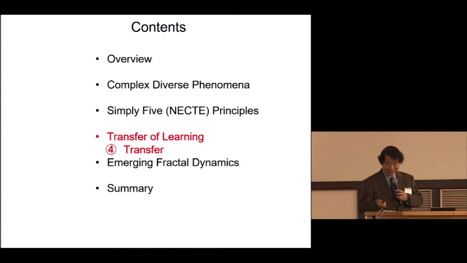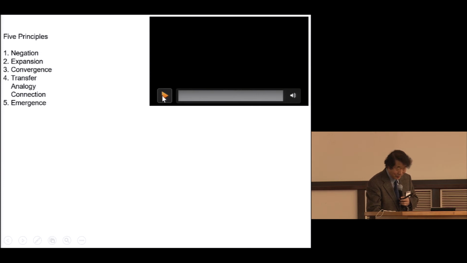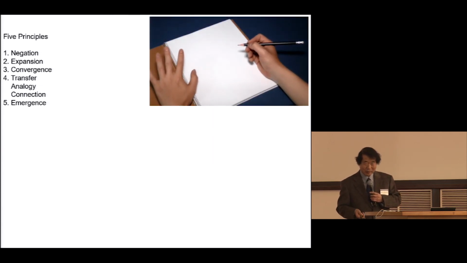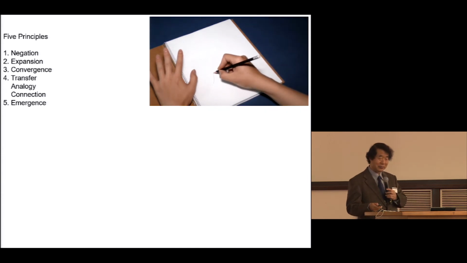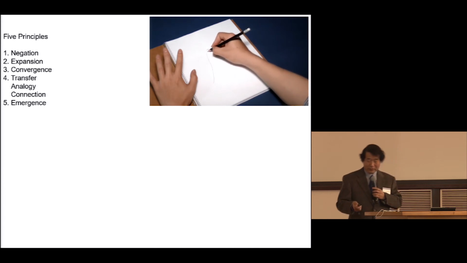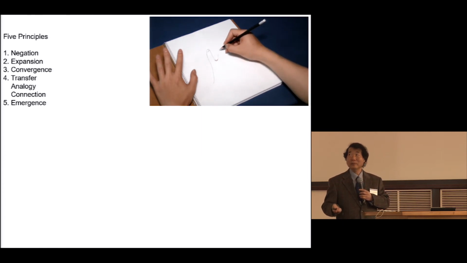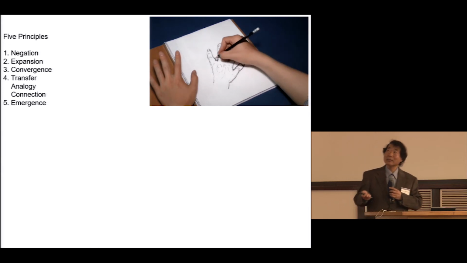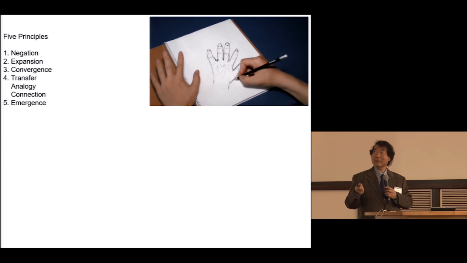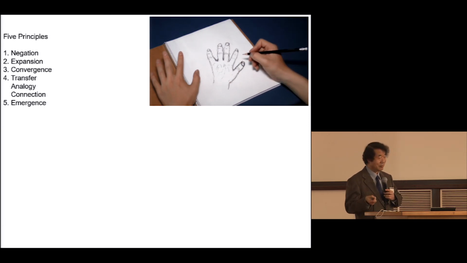Now let's go into the 4th principle, transfer. 5 principles may be applicable everywhere. For instance, let us think about drawing a picture. Beginners generally try to draw a picture by using a pencil and adding lines.